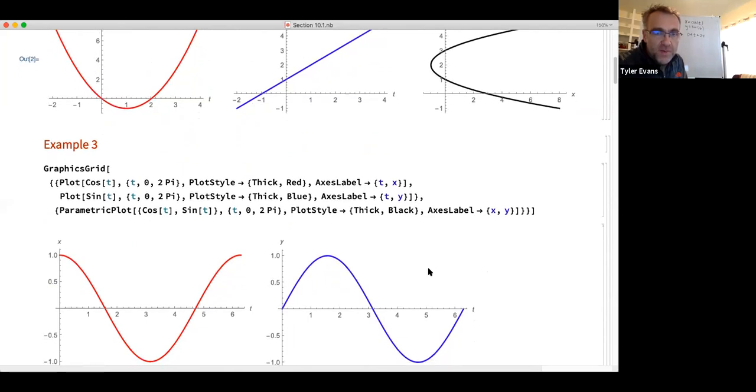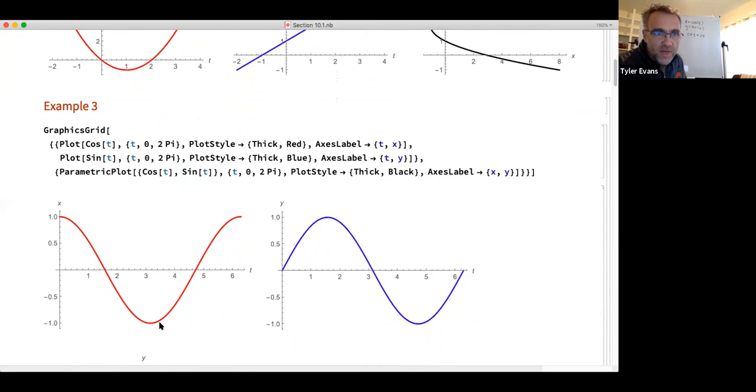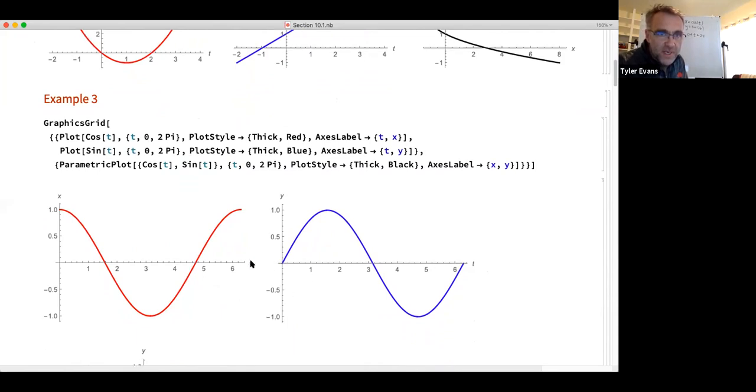This time, I don't want to show you the black curve yet. Here I'm graphing x and y. Look carefully at the axes. Horizontals are t's. Left pictures x, right pictures y. I've been consistent about that and the colors.